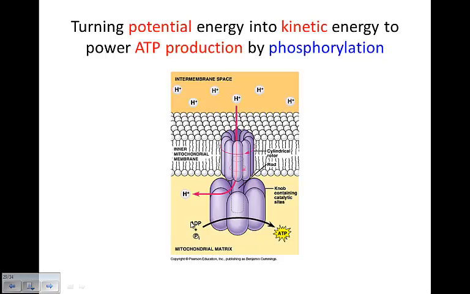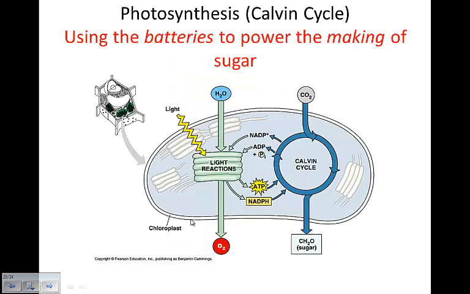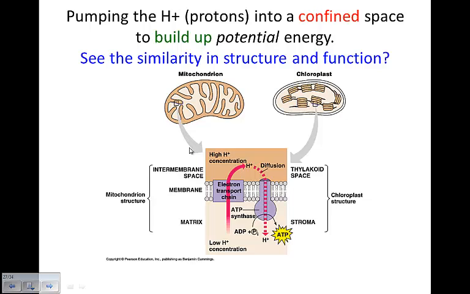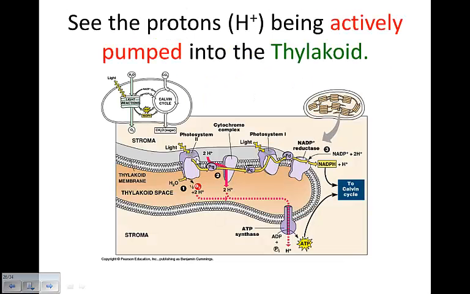So the free energy, so when we're here, let's go back here. Okay, so we're at photosystem II. The P680, the free energy of the electrons is used to actively transport the protons into the confined thylakoid space.